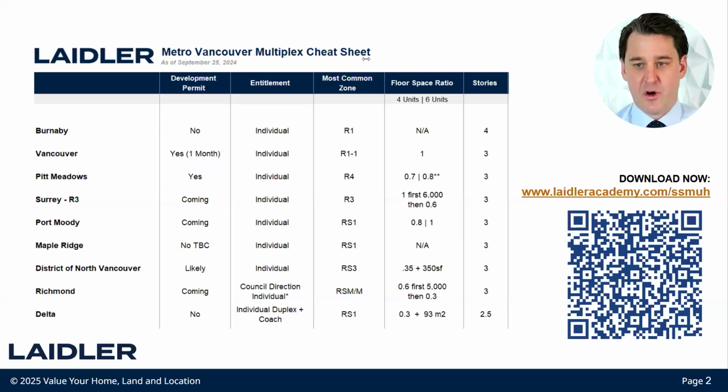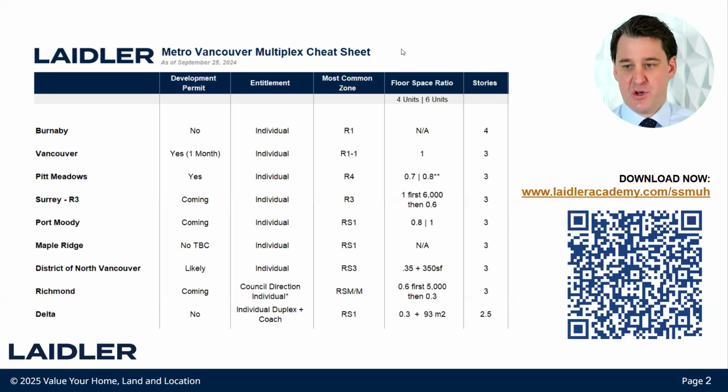The main categories of this cheat sheet is whether a development permit is required for small-scale multi-unit housing. A development permit governs the form and character of the development and is typically approved before you move on to building permit. The entitlement: whether you can sell each 4 to 6 unit individually, or if you have to hold them as one rental building, as White Rock prescribes, or alternatively, duplexes with basement suites and garden cottages to get to the 4 to 6 units.